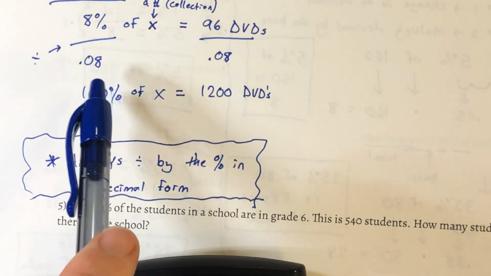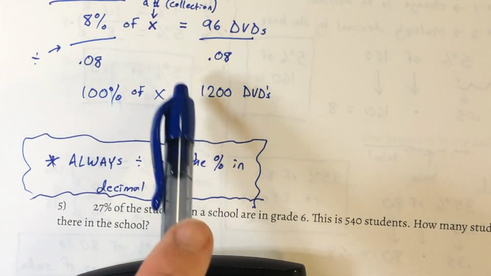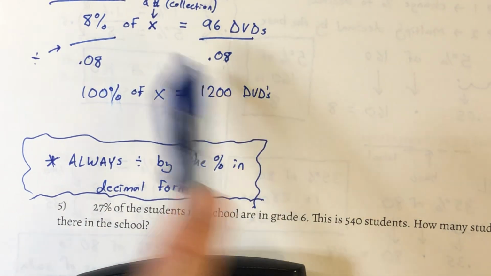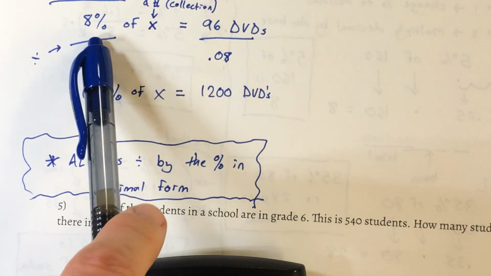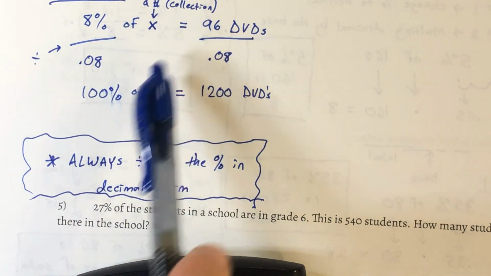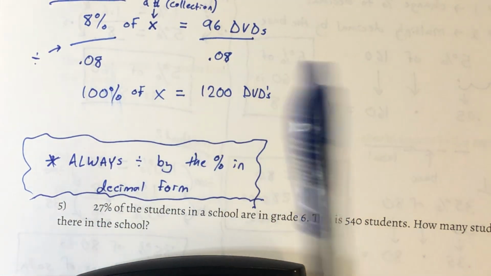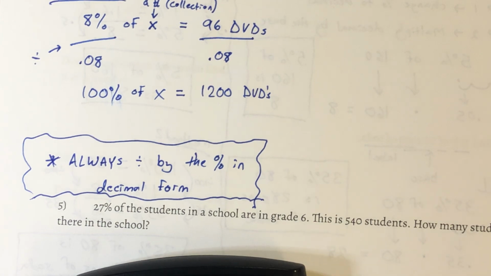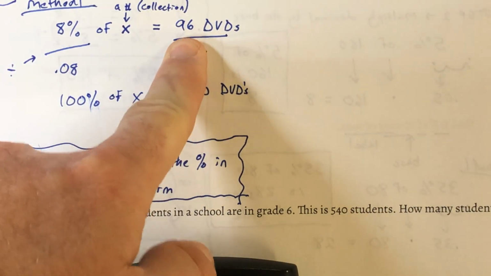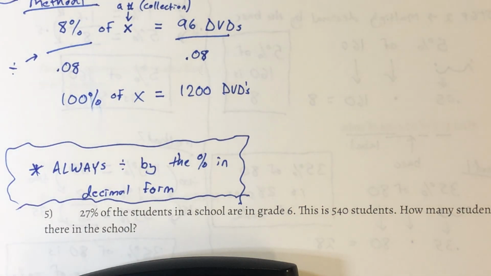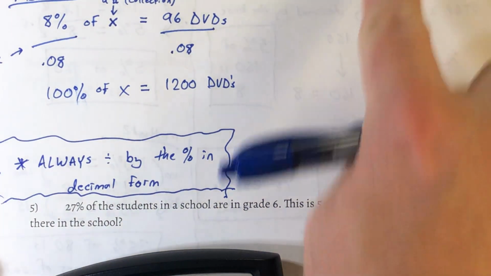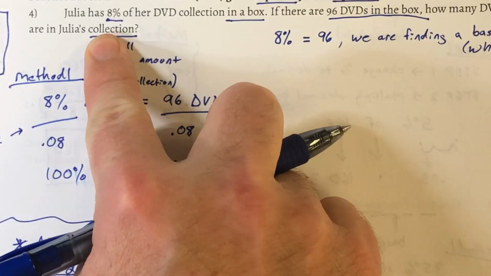So we're saying all of her collection is 1,200 DVDs if 8% of her collection is 96. So if a small part is that, that means everything is going to be that number. That kind of makes sense. If almost 100 DVDs is a very small portion, she's going to have a lot, right? So our answer is, how many DVDs are in Julia's collection?